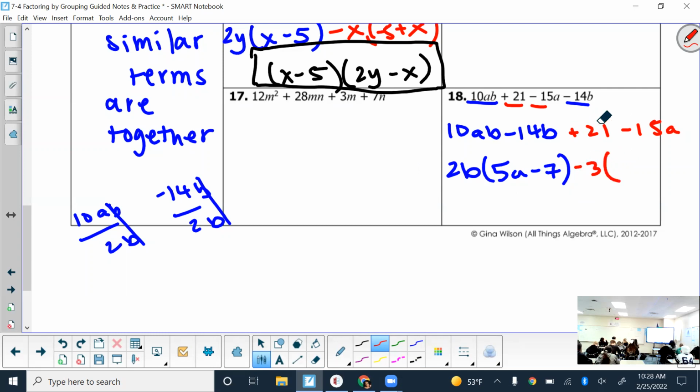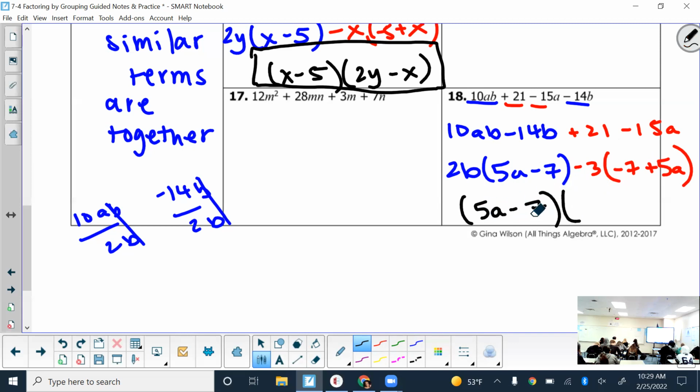So 21 divided by negative 3, and negative 15a divided by negative 3, positive 5a. Even though they're in an opposite order, are the parentheses equivalent? Yes, the 7s are both negative, the 5a's are both positive. So my common binomial, you can write as 5a minus 7 or negative 7 plus 5a.